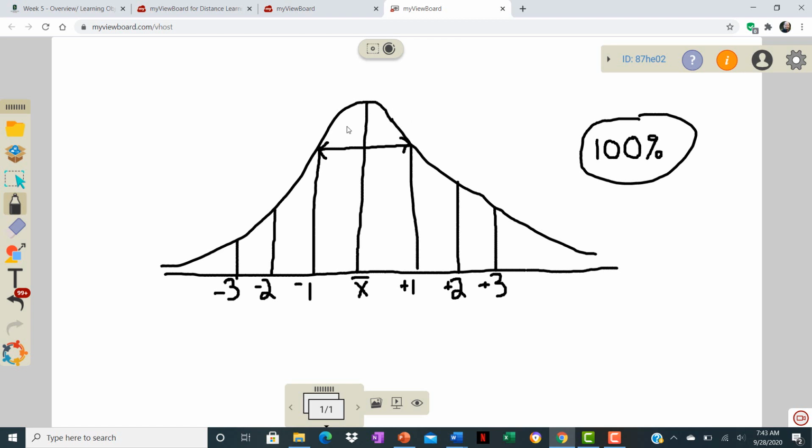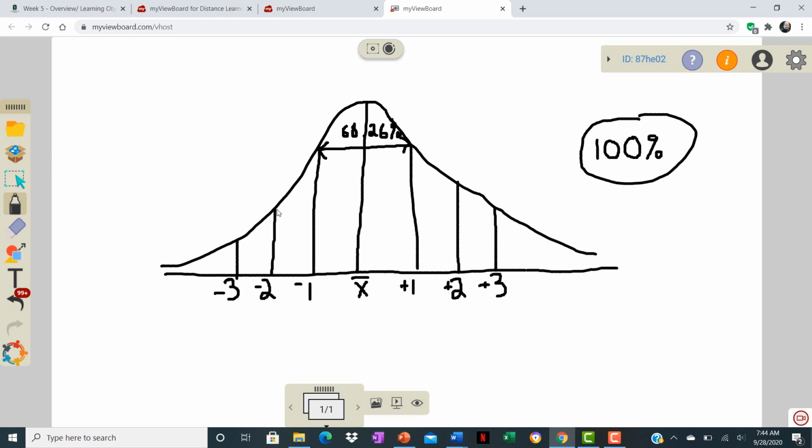And that percentage is 68.26%. Now, is this worth memorizing? I think it is. 68.26%.